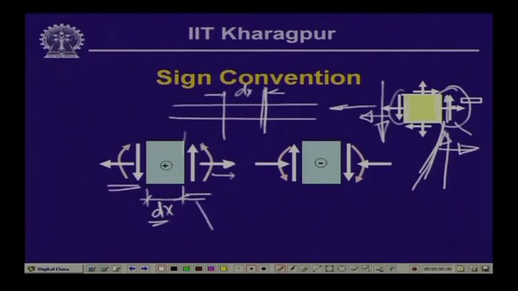So, these are the positive conventions, and the reverse of that is the negative convention. These are the sign conventions which we will be following right through the discussions as we go along for different lessons and modules.